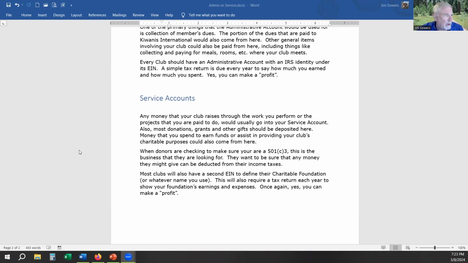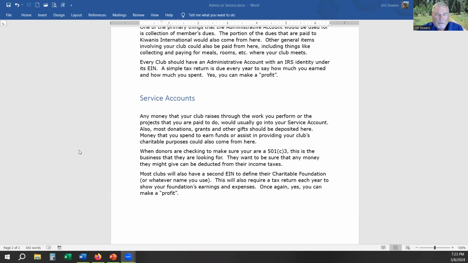Businesses have employer identification numbers, EINs, that tie them to the IRS. And so the club itself, the 501c4, has an EIN. Your foundation or your service side is a different business that has a different EIN, and it qualified as a not-for-profit 501c3 when it was set up.